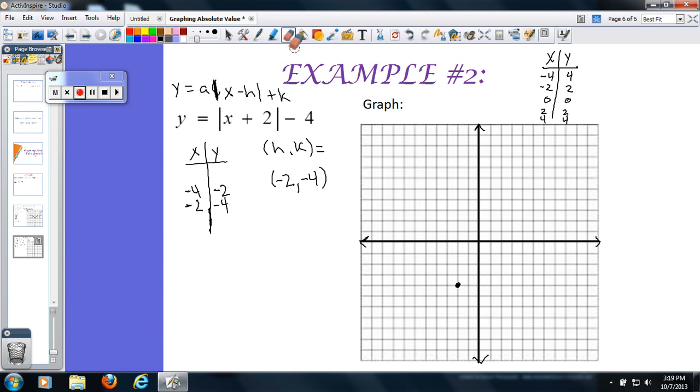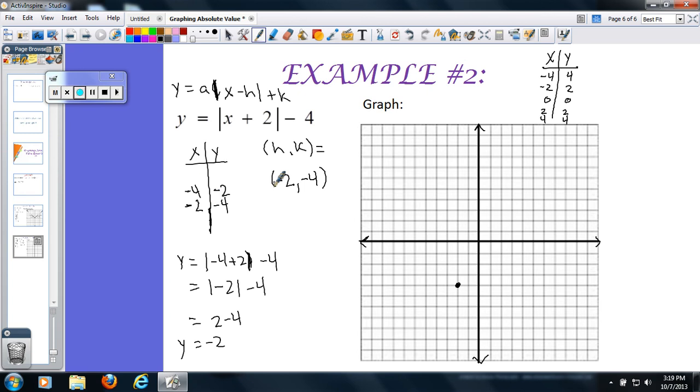So let's check it. y equals the absolute value of negative 4 plus 2, minus 4. Negative 4 plus 2 is negative 2, minus 4. The absolute value of negative 2 is 2, minus 4, which is negative 2. And that's what we got right here.